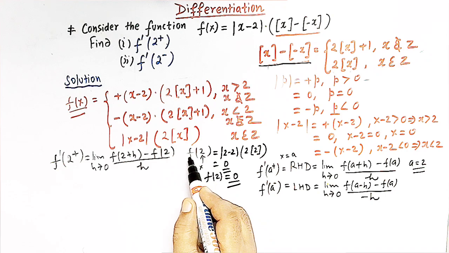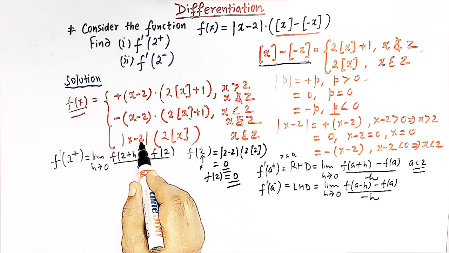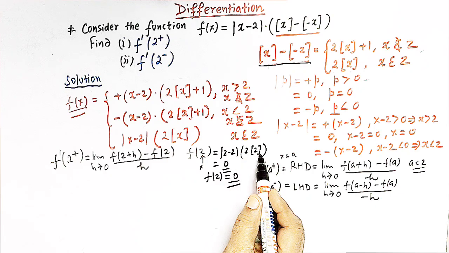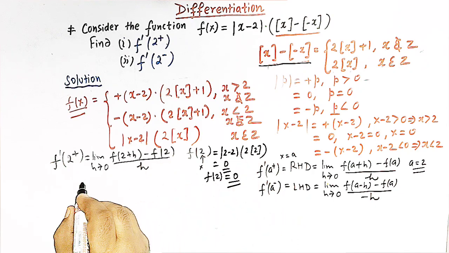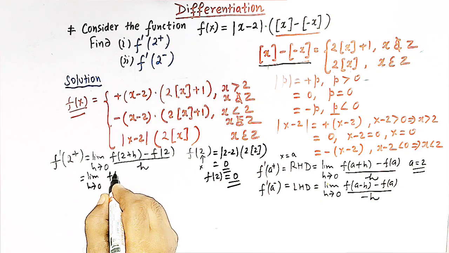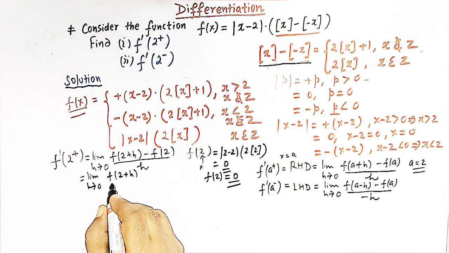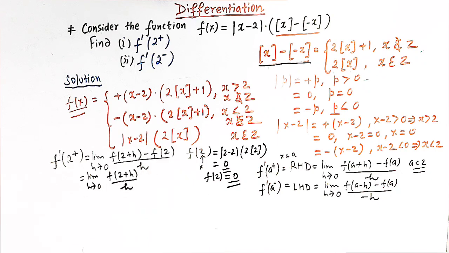So when we take f of 2, we replace x by 2. So here 2 minus 2 is 0, so this entire term reduces to 0. So f of 2 is 0. So here we have now limit h tends to 0 and f of 2 plus h divided by h, because this term is 0.